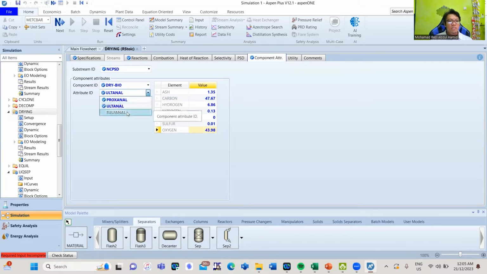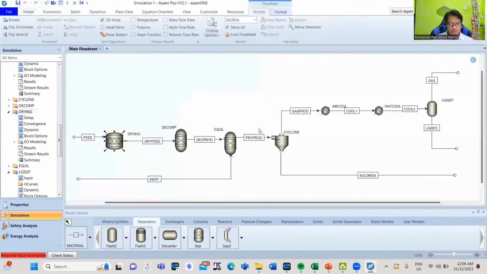Ultimate analysis done. Sulfur analysis is basically the same: 0.003433, 0.0033, 0.0034. The only difference here is dry biomass is exactly like wet biomass without moisture. That's the only difference. Next.